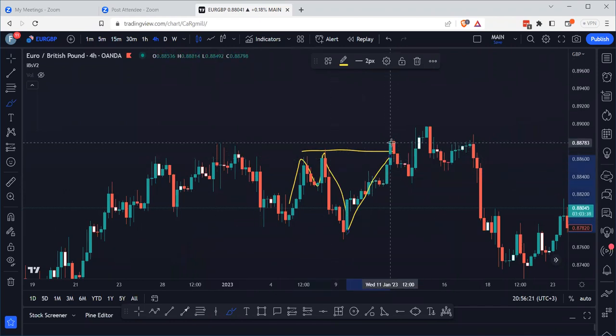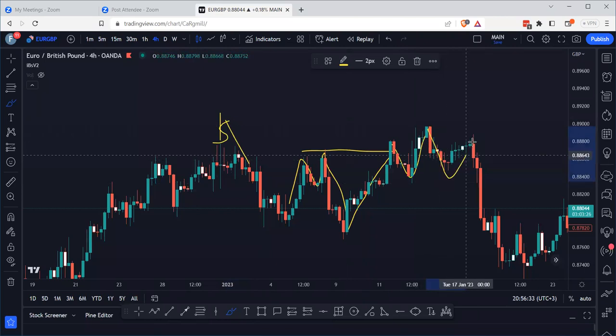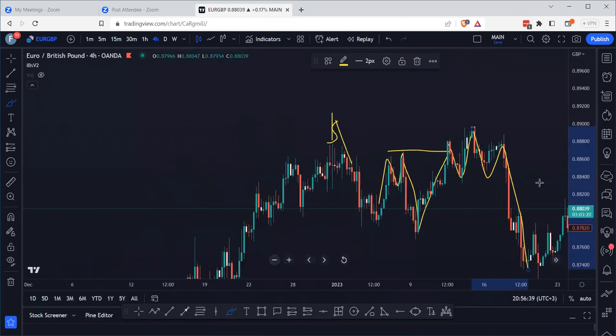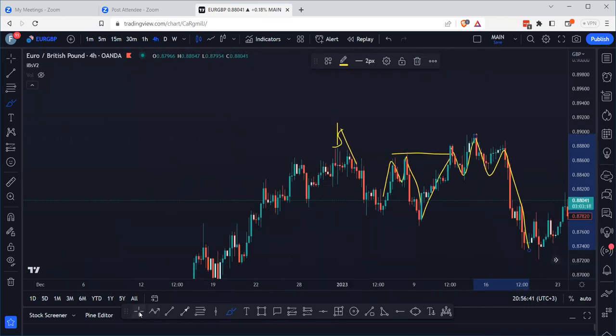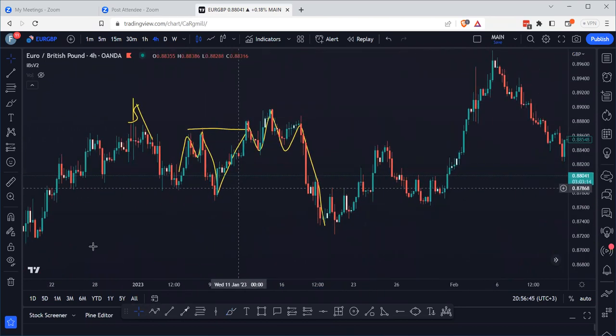And you have people here that were lured into taking entry. Eventually, price went up, cleared all the liquidity here, and then you can see price moving down aggressively.